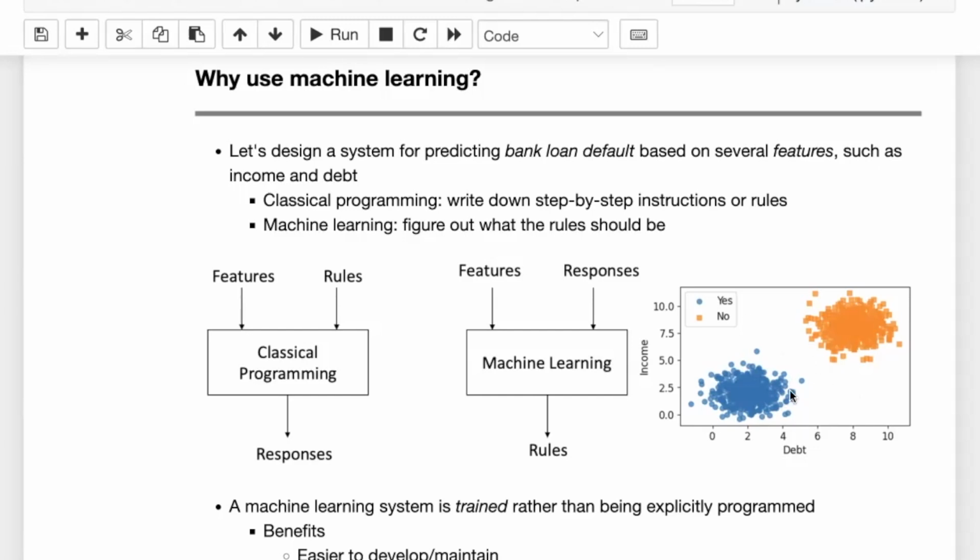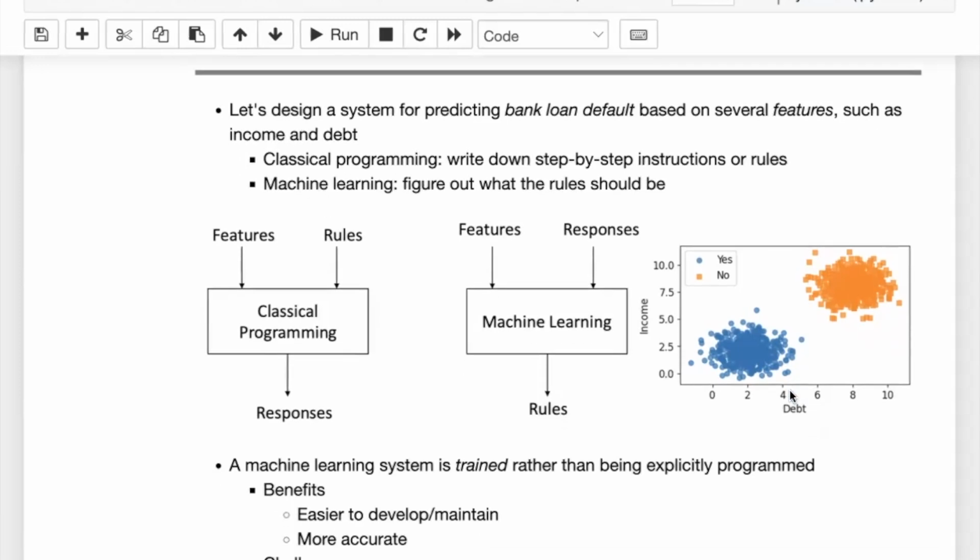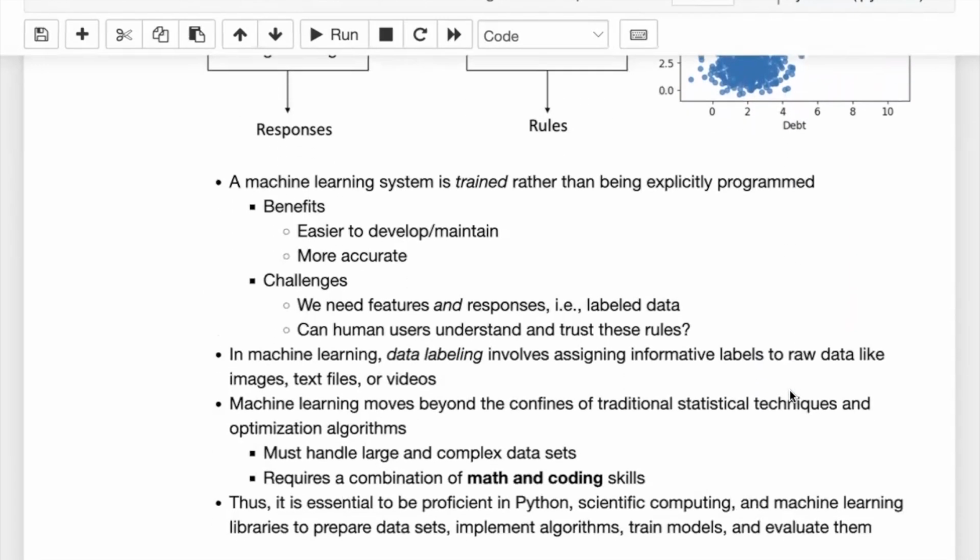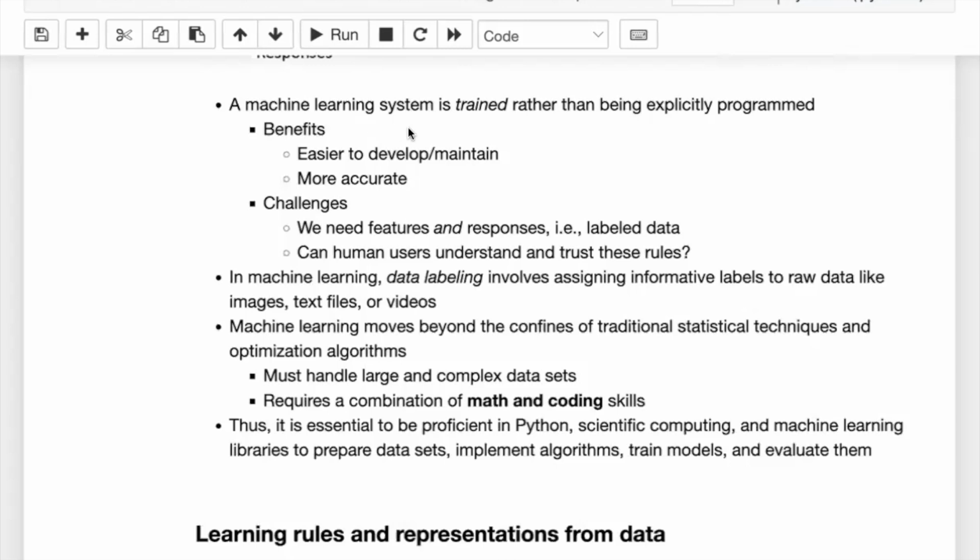So this means that now, if we find this rule and we have some new applicants, we will be able to identify, or predict, whether they're going to have problems with paying off their loan or not. So therefore, to recap, when we have a machine learning system, this means that it is trained rather than being explicitly programmed.